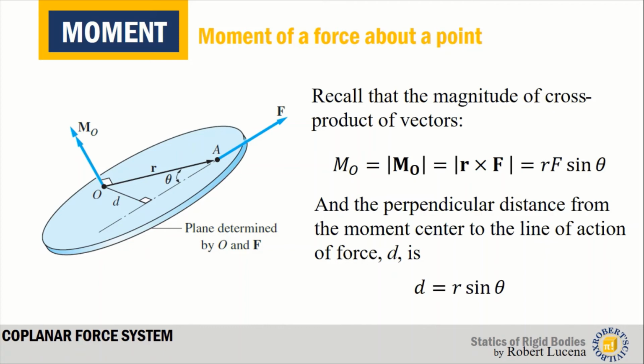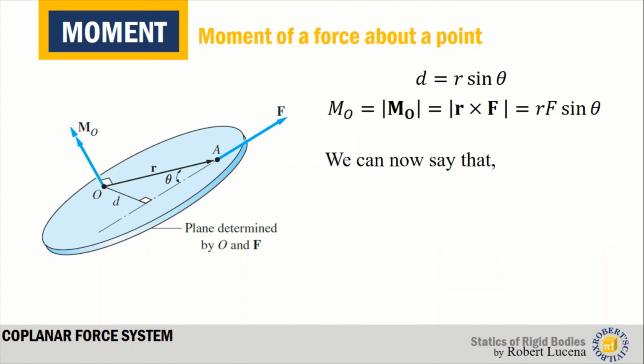We could now say that D is R sine theta, and that the magnitude of moment caused by this force is equal to the magnitude of force times the perpendicular distance D. This is because R cross F gives us the answer vector MO.